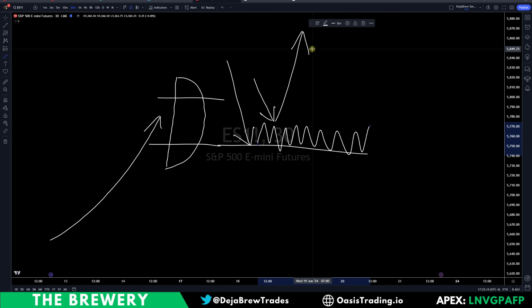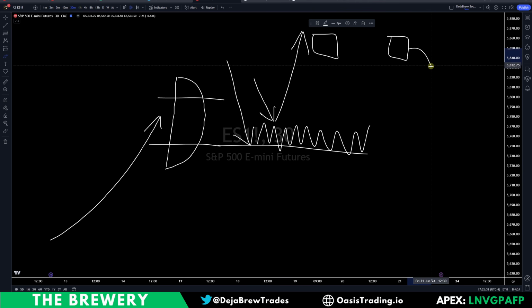Typically, we look for either the same day to repair that level or the following day. If it does not repair it very early on the following day, let's say we closed up here and the following day opened up and then we went for that repair. If it finished that repair, then that's good, right?